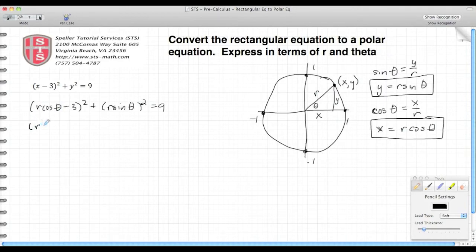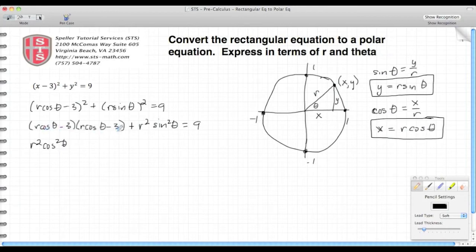So we have (r cosine theta minus 3) times (r cosine theta minus 3) plus, well, this here is easy to evaluate, so we're going to go ahead and evaluate that. r to the second power is r squared, and sine theta to the second power is sine squared theta, and we continue with writing the rest. Now we're going to multiply this first term by that first term, which gives me r squared cosine squared theta.